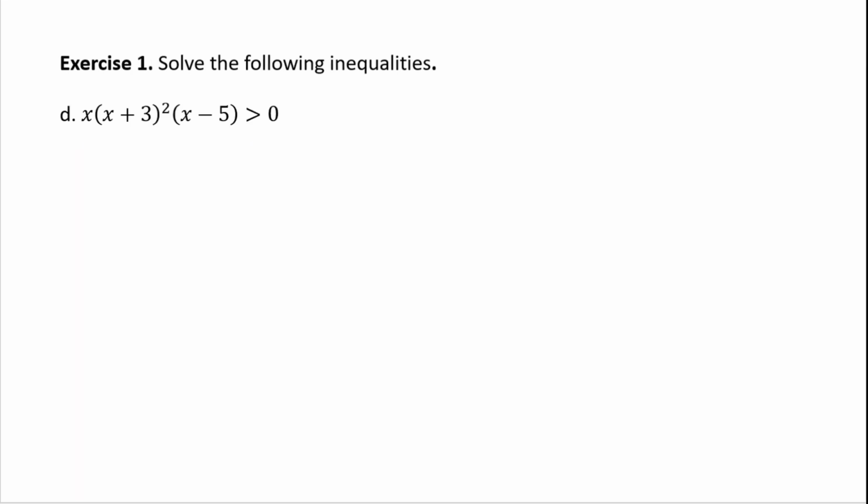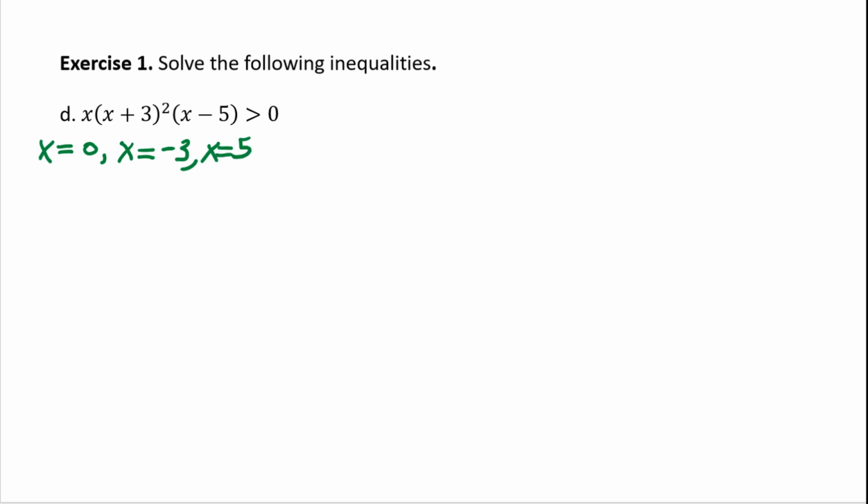x times x plus 3 quantity squared times x minus 5 is greater than 0. The factors x, x plus 3 quantity squared, and x minus 5 are zeros when x equals 0, x equals negative 3, and x equals 5, respectively.